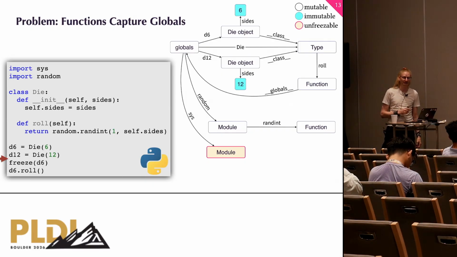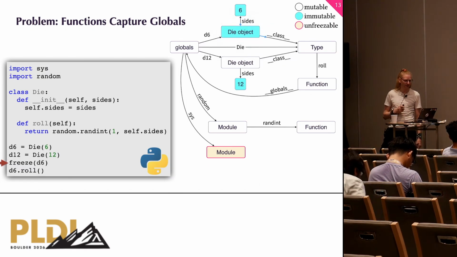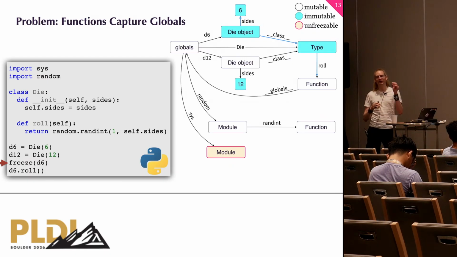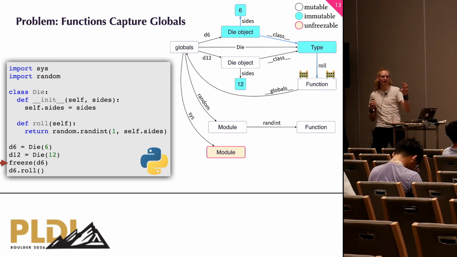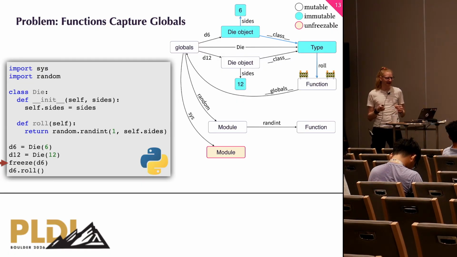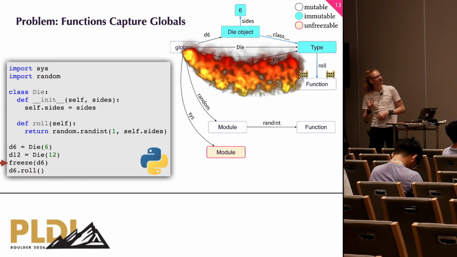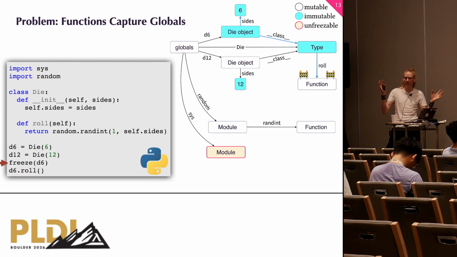So again, if we have our beautiful program here, and we want to freeze our D6, we can do the freeze call, and it propagates to this type. But at the point where we encounter a function object, this immutable stateful object, we pause for, or we don't pause for a second. As part of the freeze, there is logic that detaches the function from the global scope, so this prevents it from propagating through the entire system.